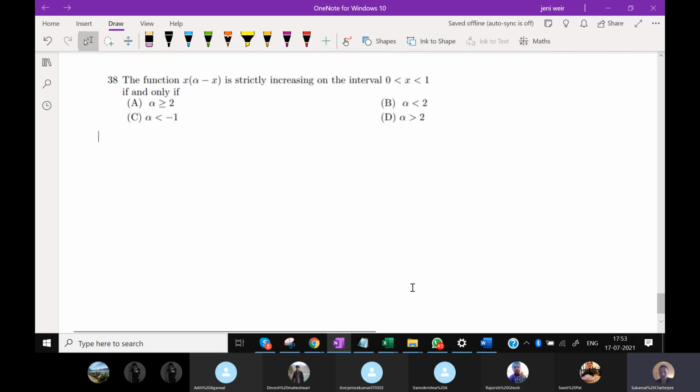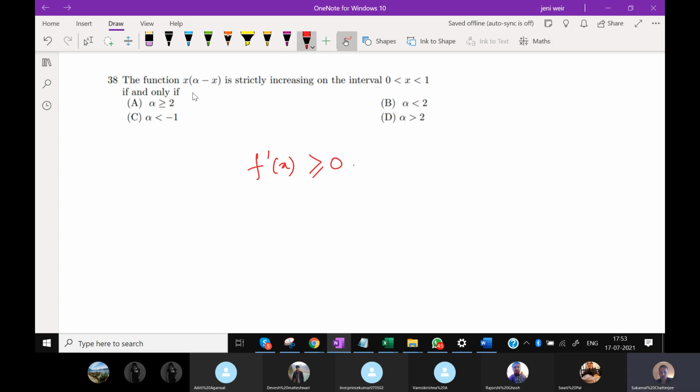The function, this is strictly increasing in the interval, this if and only if what? What would be the value of alpha? Now a function is increasing means the first derivative will be non-negative. So f dash x has to be greater than equal to 0.